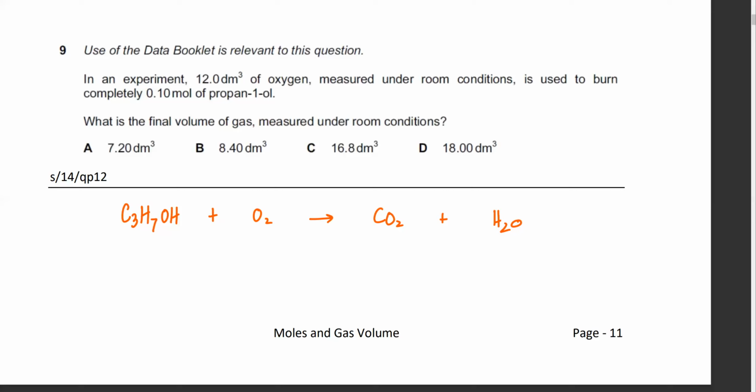And you can balance it. It's going to be 3 CO2s and 4 H2Os. You've got a total of 3 times 2, 6, 6 plus 4, that's 10. So over here, it's going to be 9 by 2, or you can call it 4.5.